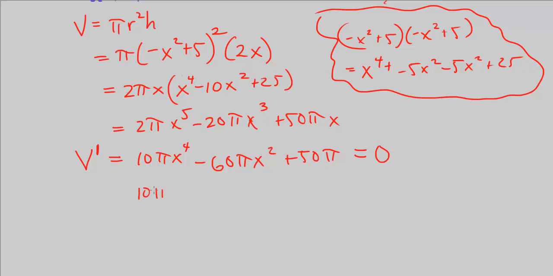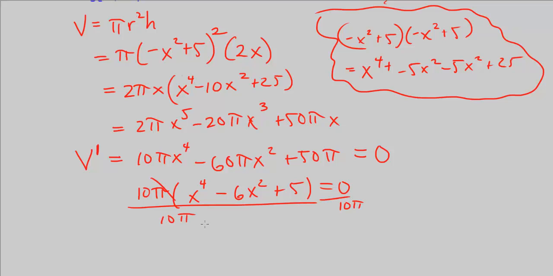So if I factor out 10 pi, I'm left with x to the 4th minus 6x squared plus 5 equals 0. Right? I can divide both sides by 10 pi, and that's going to cancel out here. I'm left with x to the 4th minus 6x squared plus 5 equals 0.